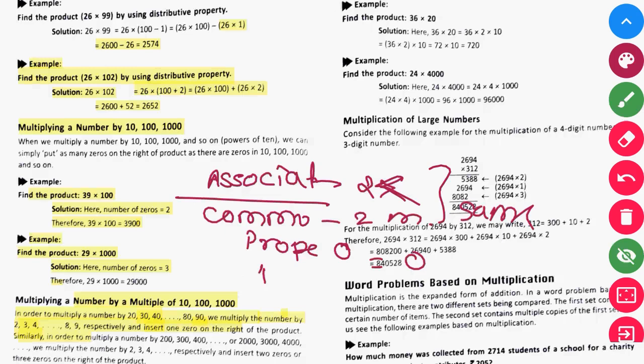Property of 1 means if a number is multiplied with 1, the product is that number itself. And multiples of 10, 100, 1000: if a number is multiplied by a multiple of 10, 100, 1000, then you just have to add those zeros to the number.